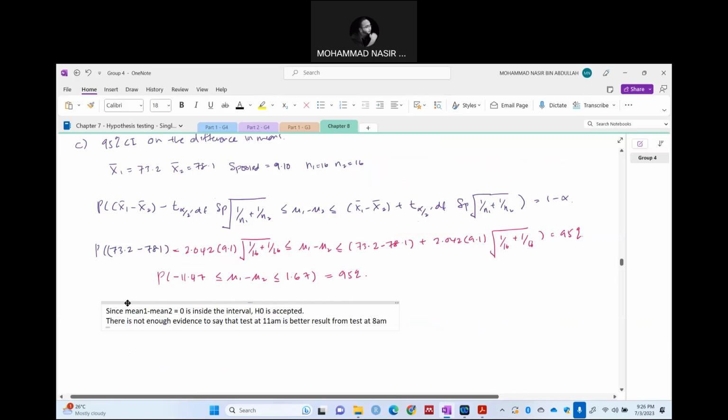This is actually mu1 minus mu2. The null hypothesis is mu1 minus mu2 equal to 0. So since the value of 0 is included in the interval, we accept the null hypothesis.